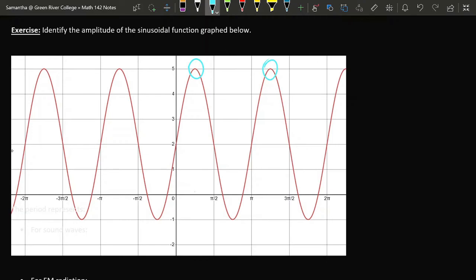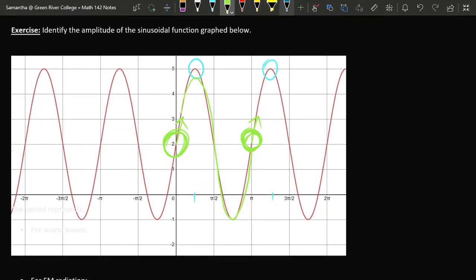However, because the coordinates of the two peaks are not exactly given, it might be easier to look for two other matching sections on the graph and look at the distance between those. For example, this is a location on the graph that is going upward through the midline. And I can see that the wave will run its course and it will begin to repeat at this location, which is also going upward through the midline.